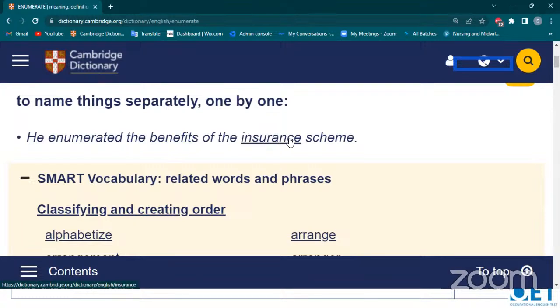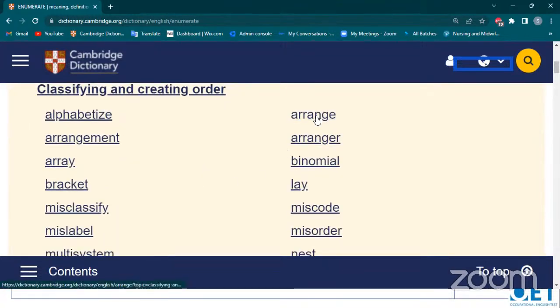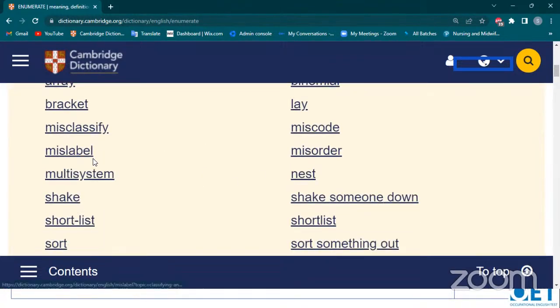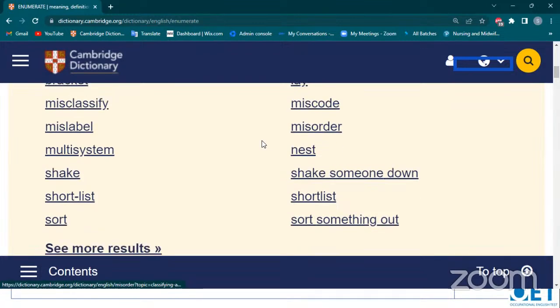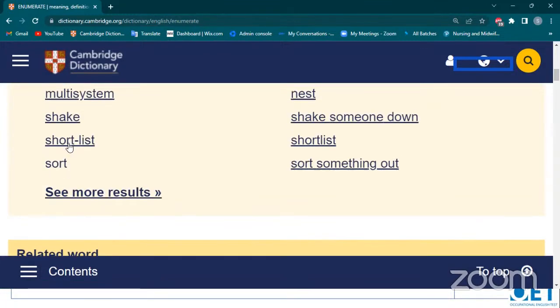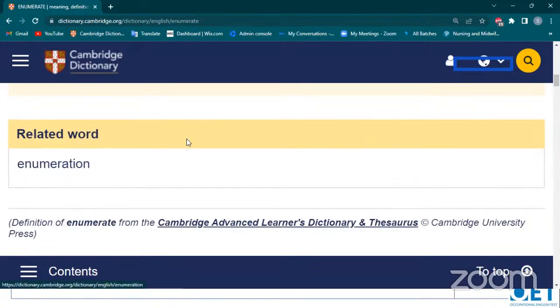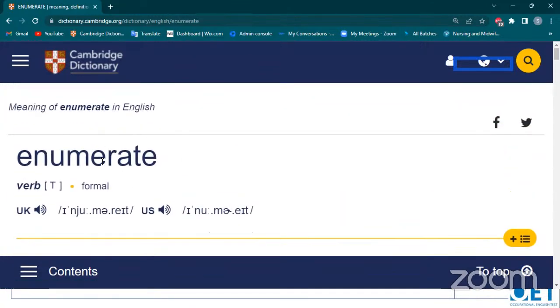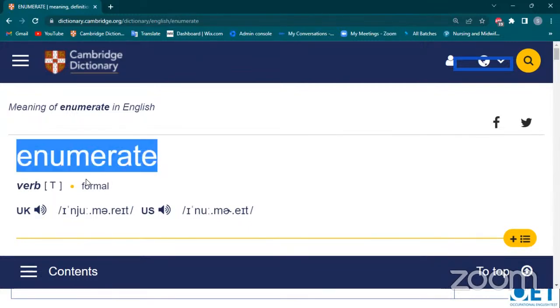Enumerated means made a list of all those things. Arrange in an order. So label, classify, short list. Enumeration. Enumerate is a very powerful word. Numeral means number of things. All the things, make a list 1, 2, 3, make it a number, serial order like that. That is enumerate. It's a formal word.